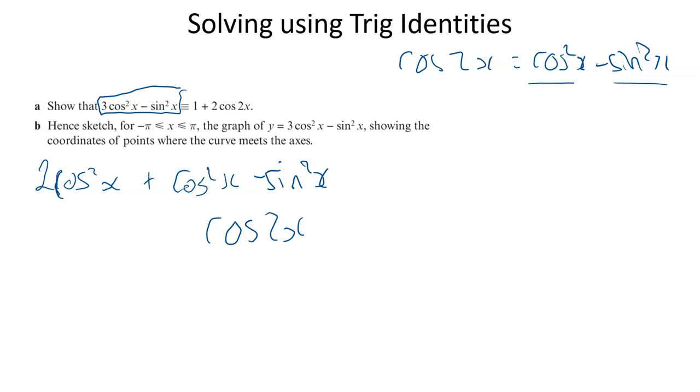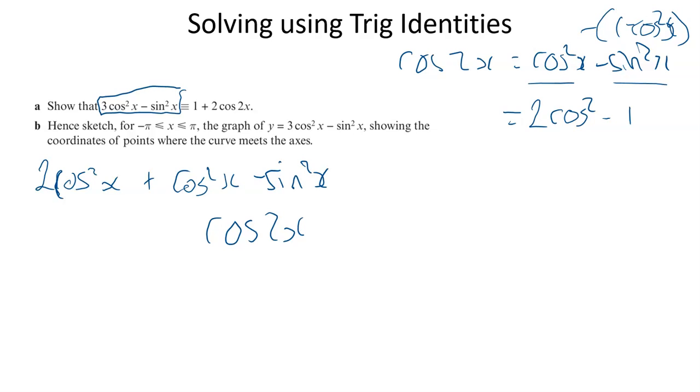Well, actually, thinking about it, we can do that in cos of 2x as well, because doesn't cos of 2x, if we substitute in here, instead of this, it's minus 1 minus cos squared x, then we can end up with the formula 2 cos squared minus 1.